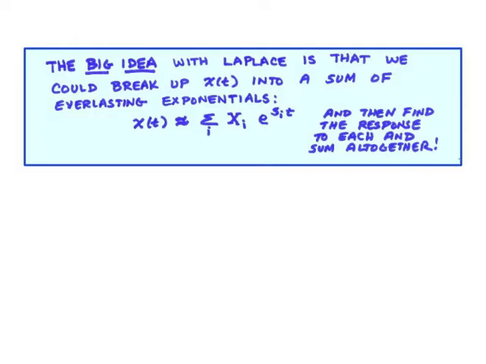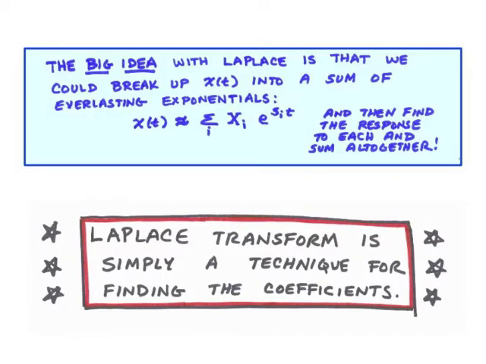The notion is that we would use an infinite number of exponentials, and then the summation would turn to an integration. And the Laplace transform is simply a means for finding the coefficients in this expression. So we know we can break up an arbitrary signal x of t into the sum of everlasting exponentials, and we know how to find the coefficients in that representation via the Laplace transform.